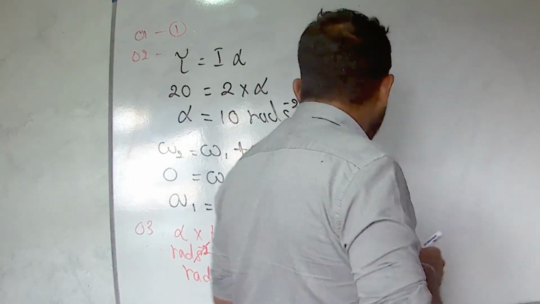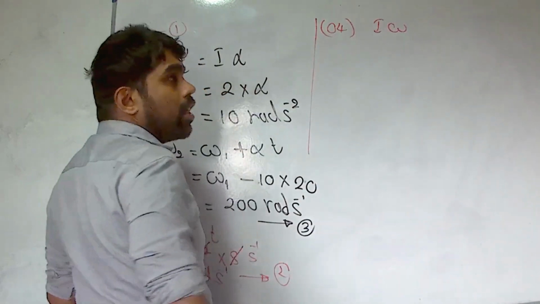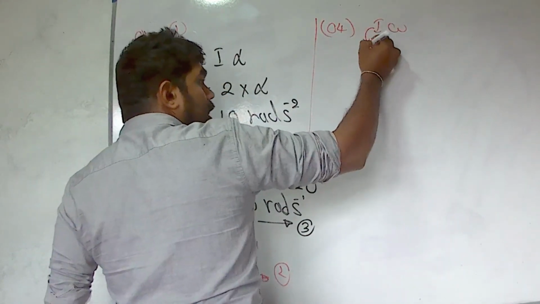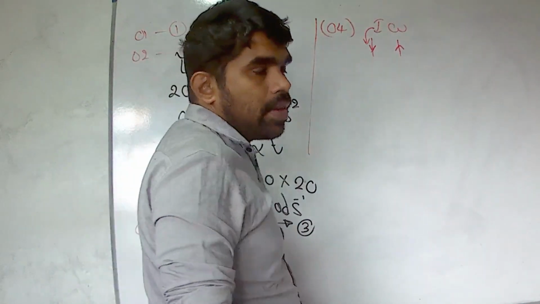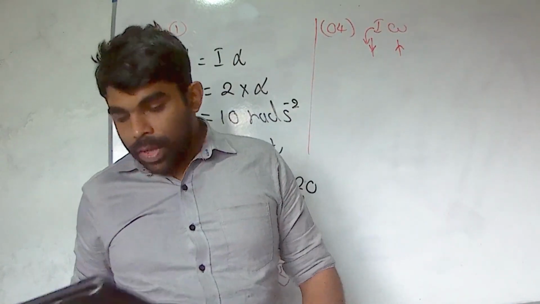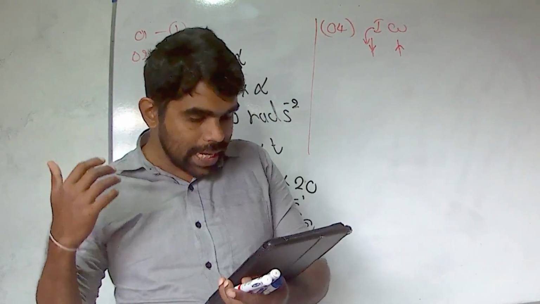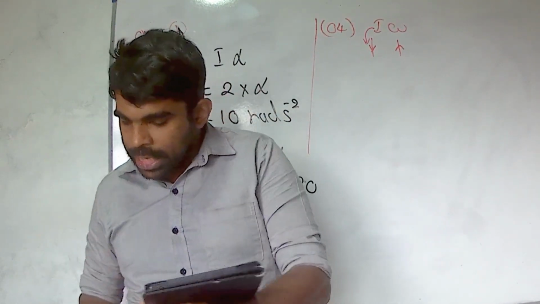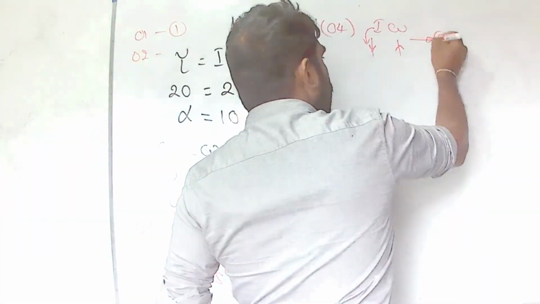Therefore, I omega is constant, but the I value is decreasing, therefore omega should increase. Angular velocity increases. Moment of inertia decreases, angular velocity increases. Then the answer is 2 for question number 4.